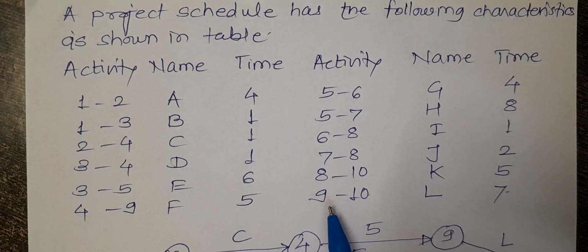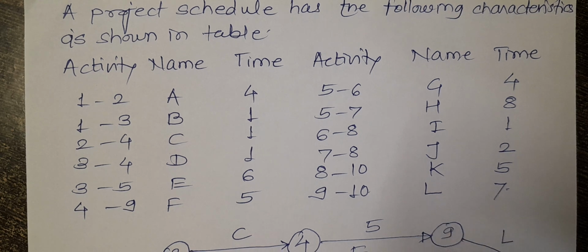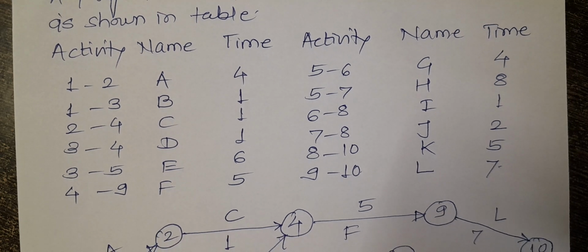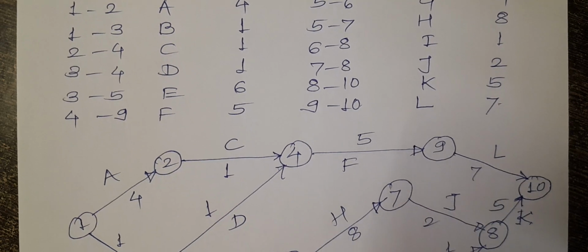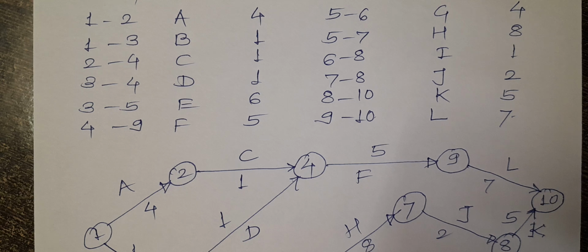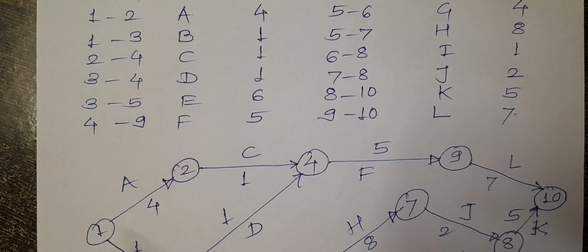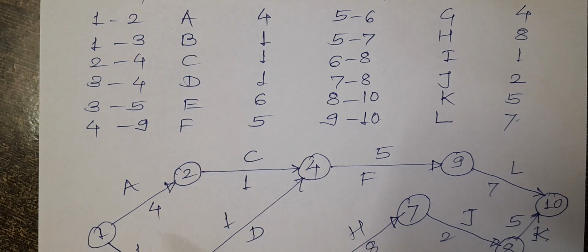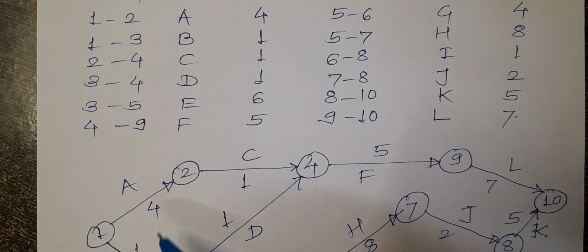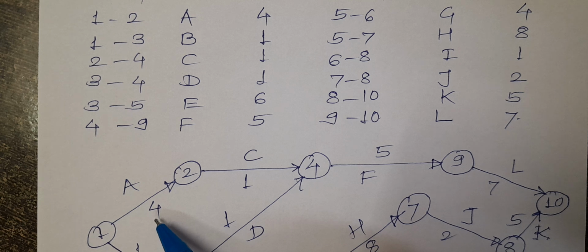Up to the node between 9 and 10, the activity name is L. Time required is 7. We have to develop the network diagram for this project schedule, and I have developed the network diagram from this. For example, between 1 and 2, the activity name is A. Time required is 4.